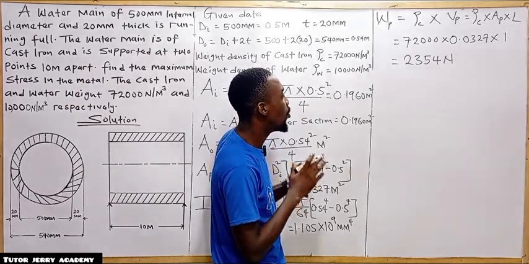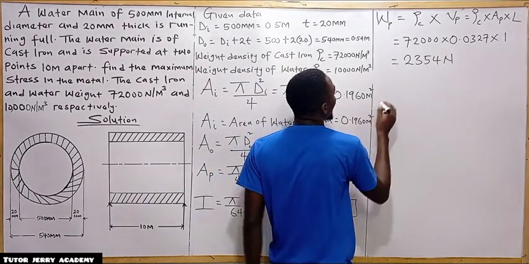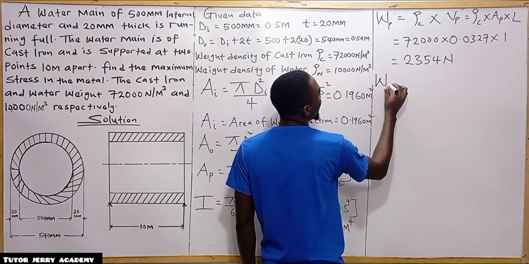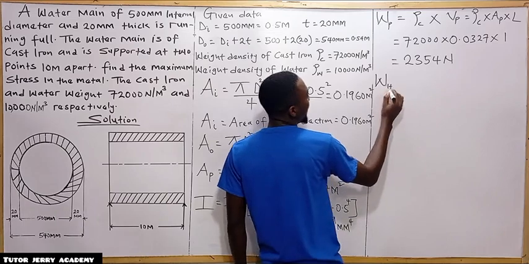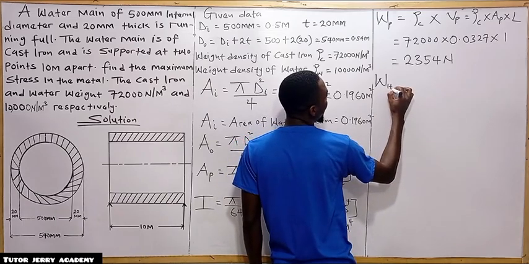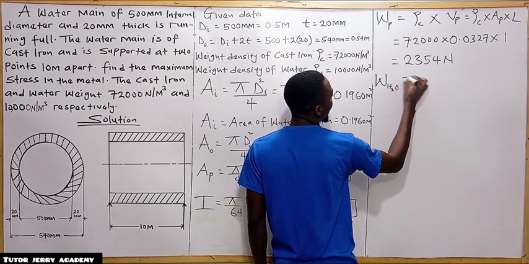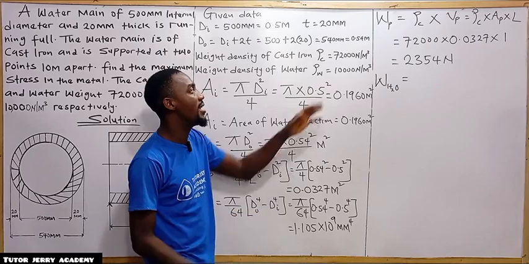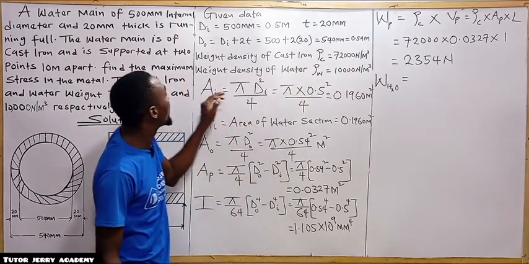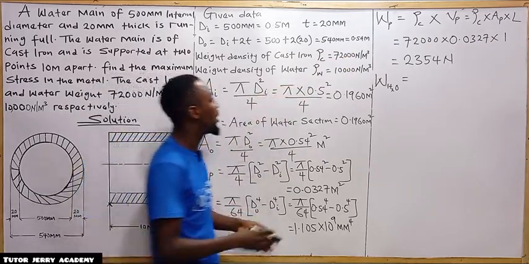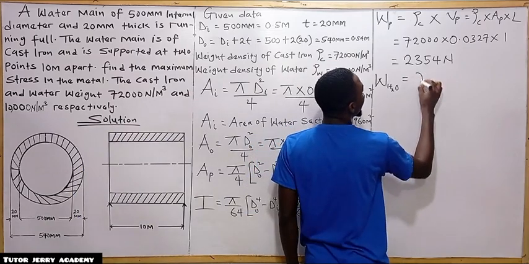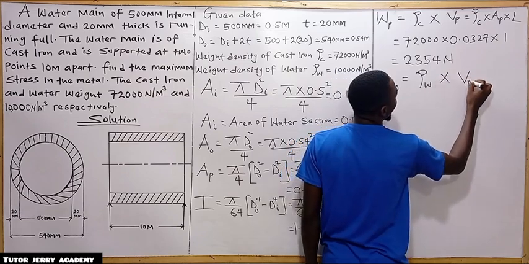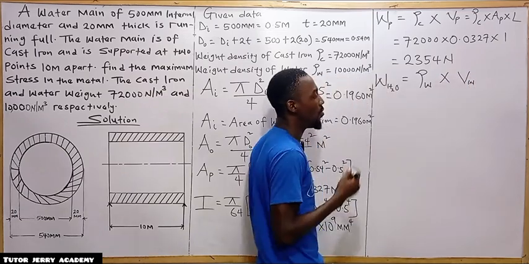All right. So now the next thing is we are going to find the weight of water. So let's just take this as water. We can put H2O here, weight of water. All right, something like that. Just in a similar way, this is going to be weight density of water times the volume of water.